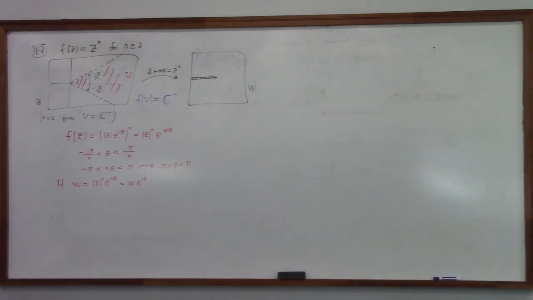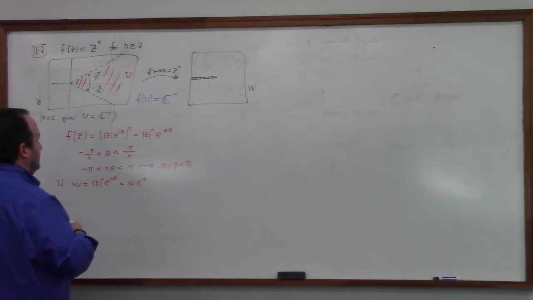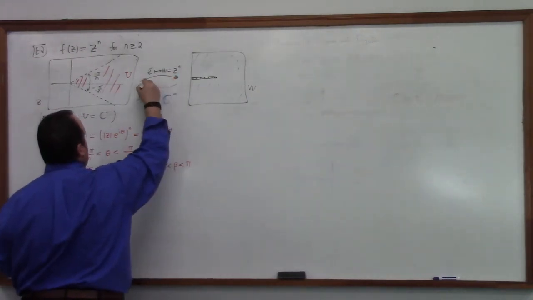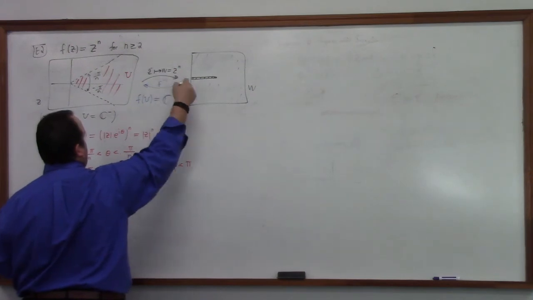And it is with respect to this restriction of the nth power function that the principal nth root is the inverse. See? So f inverse would go the other way, right?